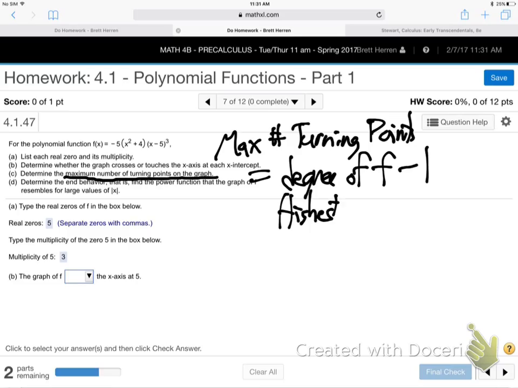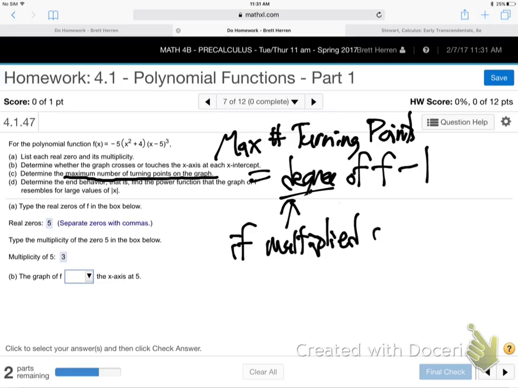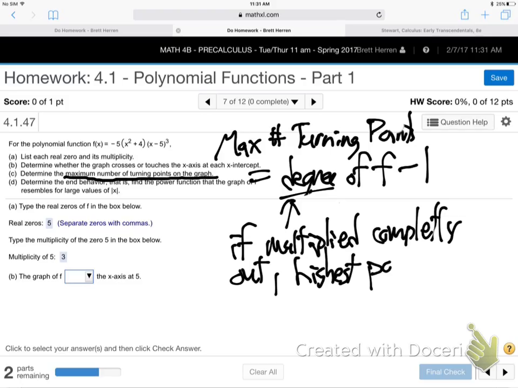Well, the degree means, I don't know how to say it really clearly. The degree means if multiplied out completely, the highest power term.